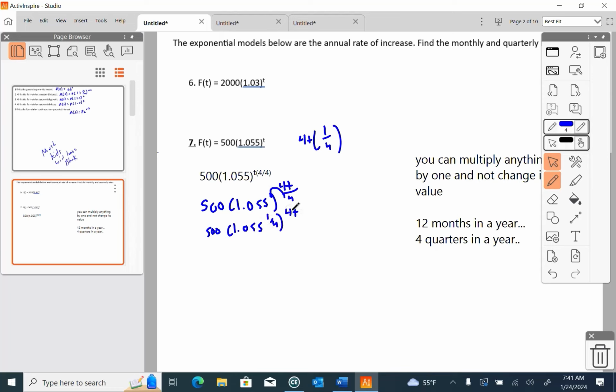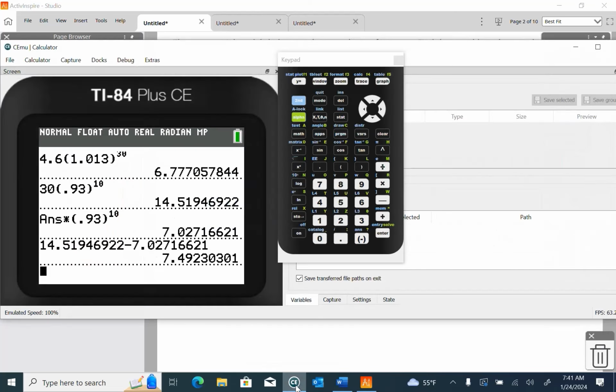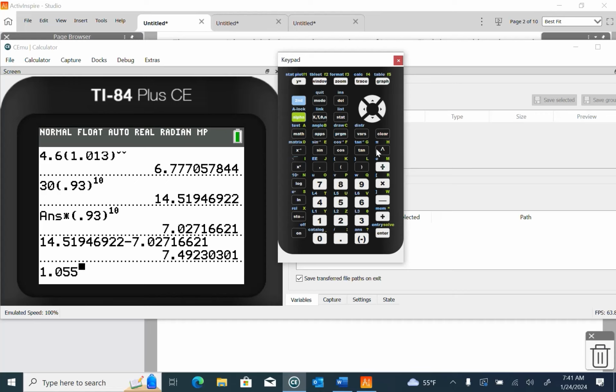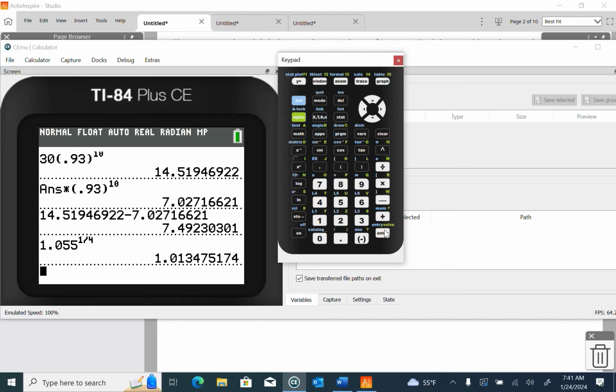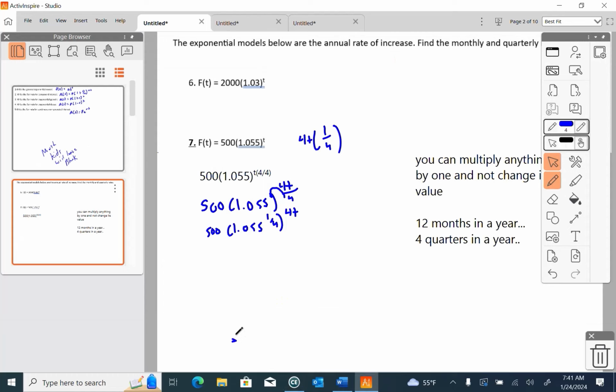All right, so I move the quarter in. Now I don't know the 4th root of 1.055. I don't. But I'm going to take that and raise it to the 1/4 power. And I'm going to write down 4 digits of that number, 1.0135.